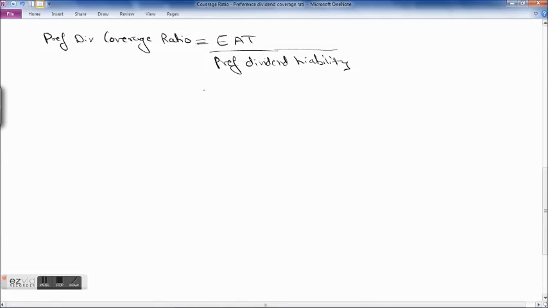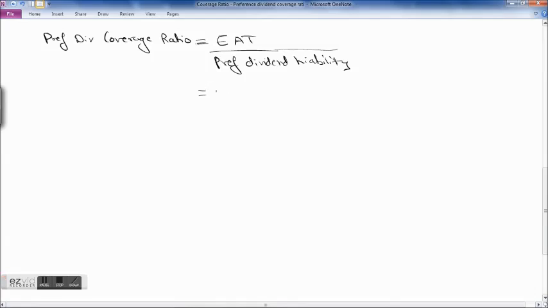Okay, so earning after tax is what? Your profit after tax. Okay, so that is before sharing or before appropriation. So before distribution of profit to your equity shareholders and preference shareholders, you have to consider that profit and then divide it by your preference dividend liability. So what does it show?